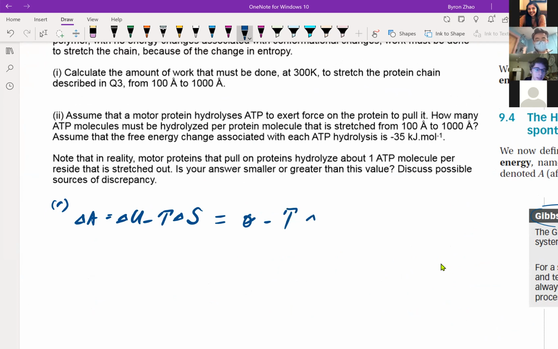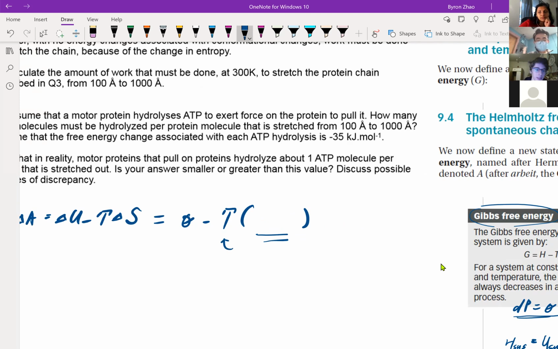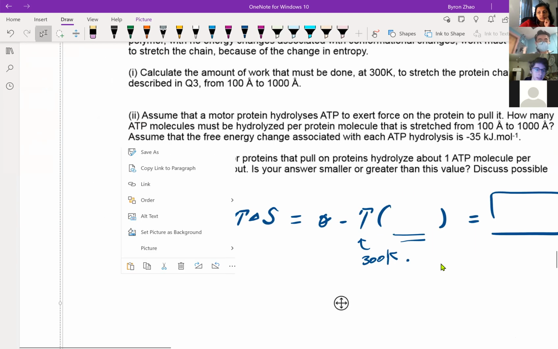And delta S is basically the number you calculate from the last part of the previous question. So you just plug that in, and you know T is 300 Kelvin, and you will be able to calculate the final answer right here.